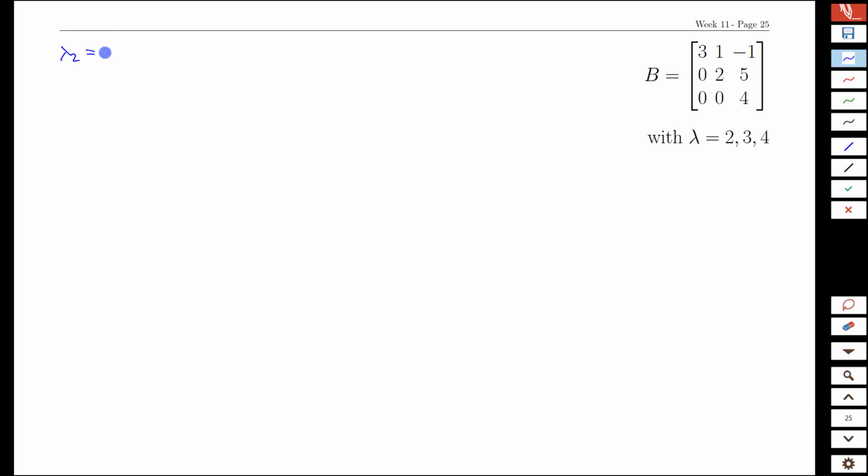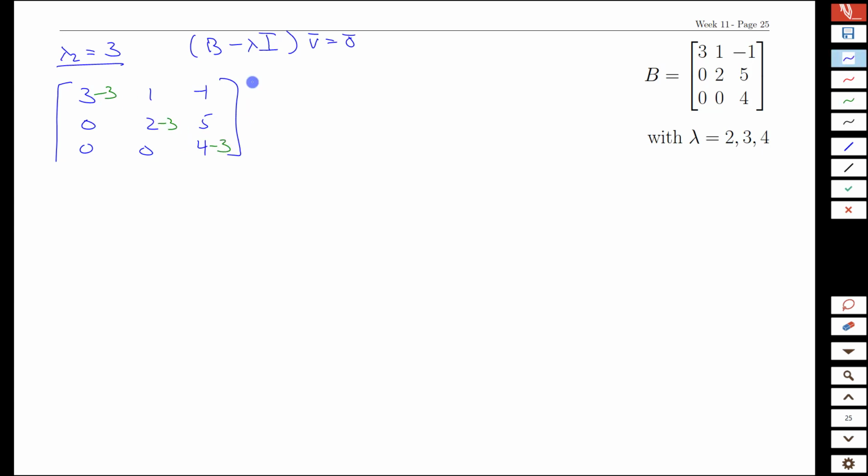Lambda 2 is 3. And reminding us what we're doing, B minus lambda I times v is the 0 vector. So we copy our matrix down, 3, 1, minus 1, 0, 2, 5. There will be a change, of course, because now we're subtracting 3 down the diagonal throughout.